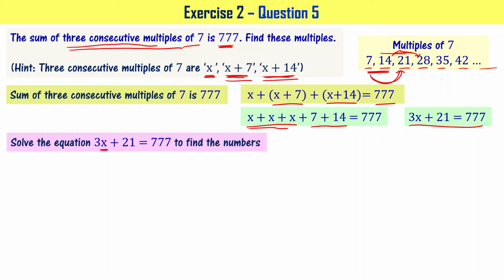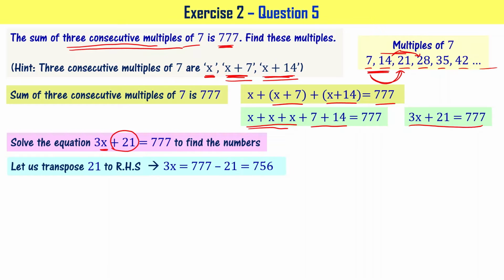To solve this, I'm going to transpose plus 21 to the other side. When I do that, plus 21 becomes minus 21. So the equation becomes 3x equal to 777 minus 21, that is equal to 756. Let me write the simplified equation as 3x equal to 756, right?